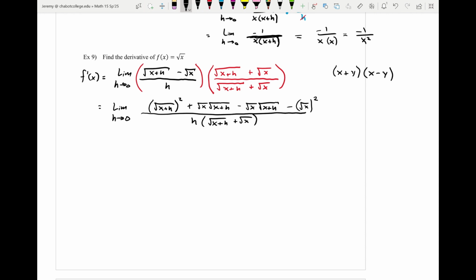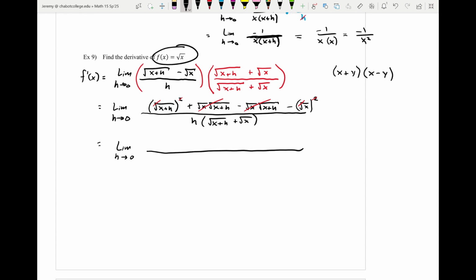So some nice stuff happens here. I have positive root x times root x plus h and negative root x times root x plus h. So those make a 0. Square root squared, those will cancel out. Right, because squaring and square root are inverses of each other. Of course, just assuming that x plus h is positive, or x is positive, since it's in a square root.